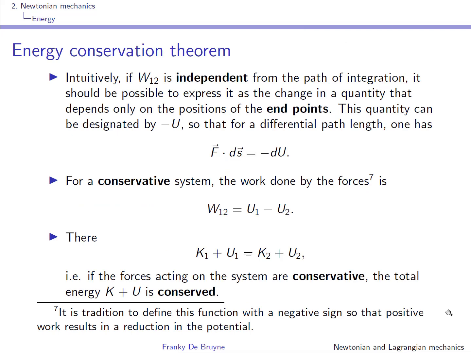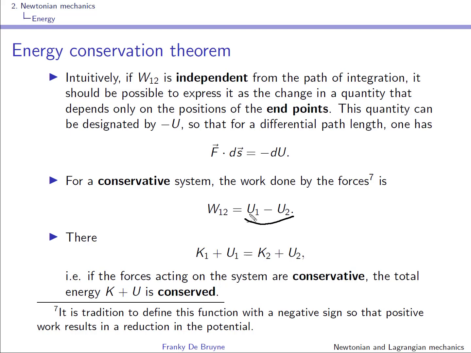Okay, so we know that for conservative systems the work is independent of the path of integration, so it's kind of logical that the work depends only on the endpoints and on the potential at the endpoints. This is why you can write the work like this.